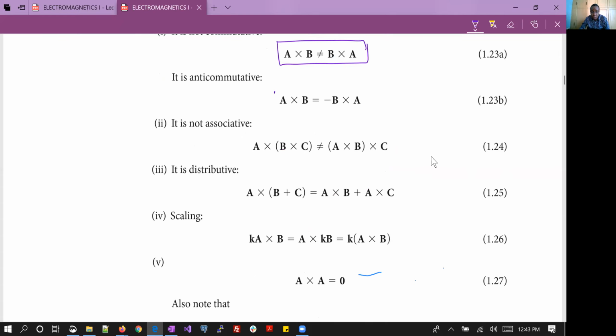So A cross (B cross C) is not the same as (A cross B) cross C. Again, distributive, yes, they are distributive. A cross (B plus C), you can either add them and then cross, or you can do them individually, this one and this one alone.